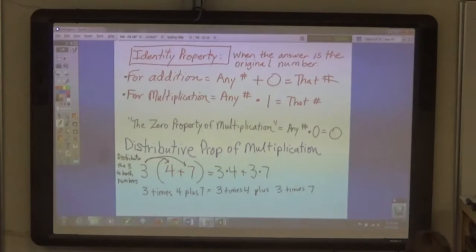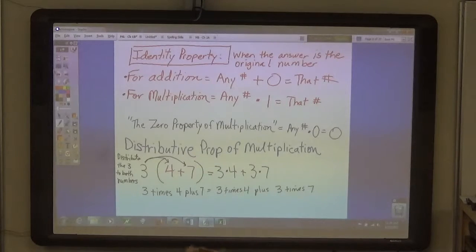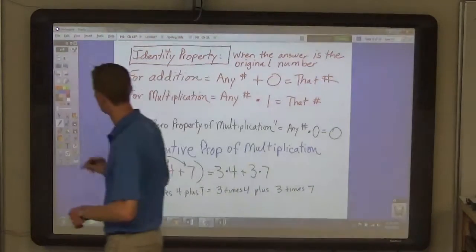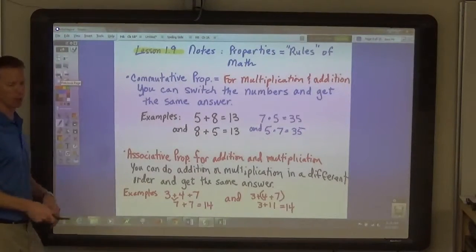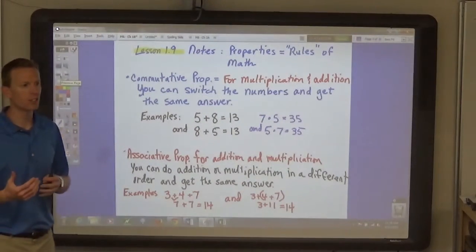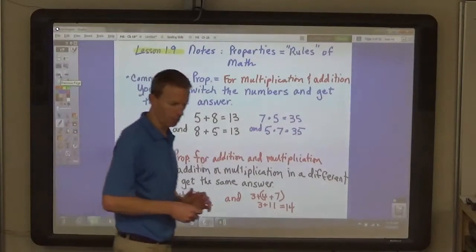Okay, sixth graders, we're going to go on to lesson 1.9, which is about properties of numbers and properties of operations. Properties are just like rules, okay? They're rules that you can use to take advantage of the problem.